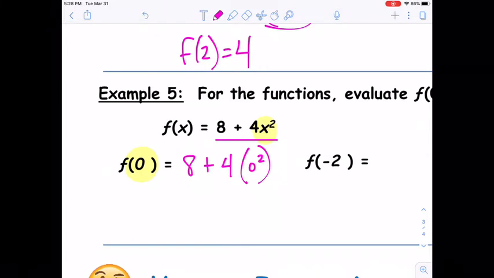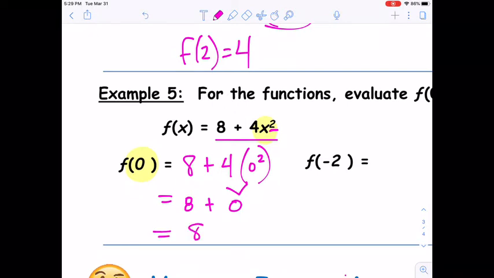Remember, that exponent, that squared, only is applied to the x. It does not square the 4. So only the 0 is going to be squared. 0 squared is still 0. And 0 times 4 is 0. Now I can add 8 to that. And I get 8 is the value that comes out if I put a 0 in.